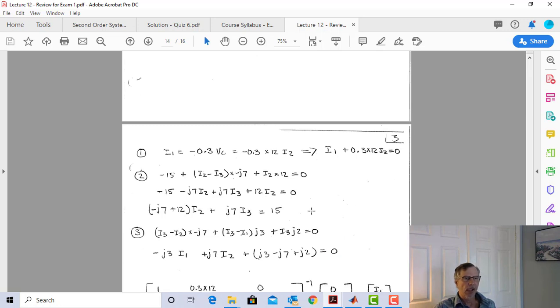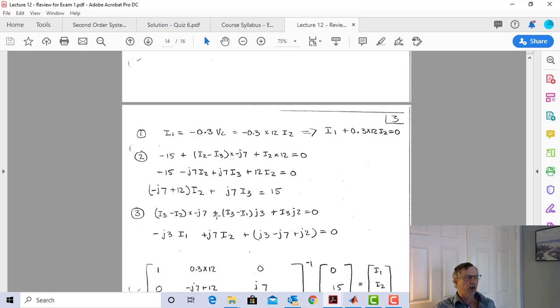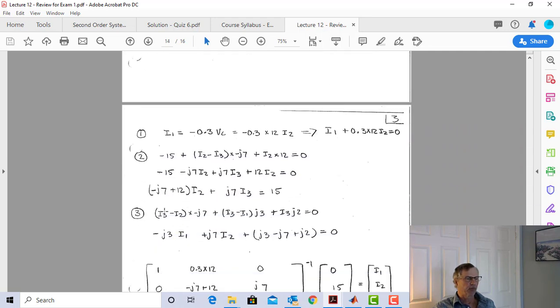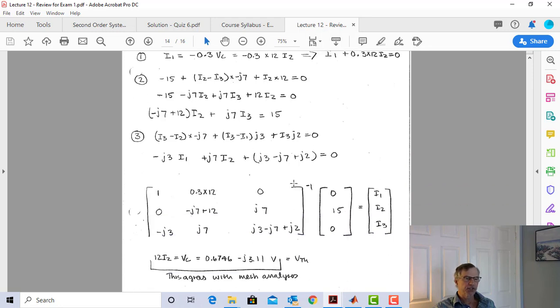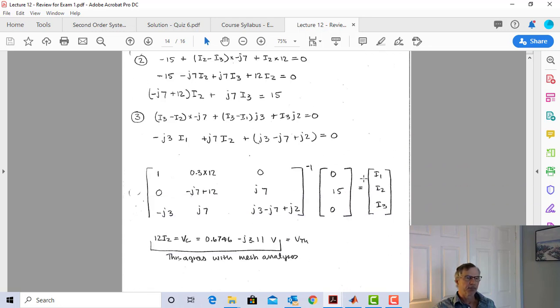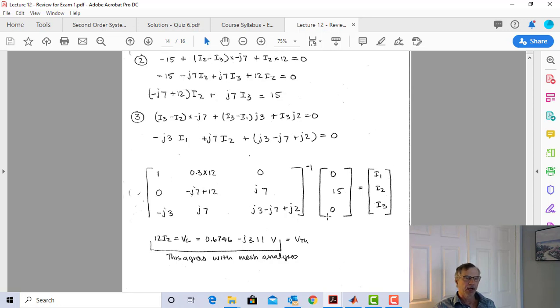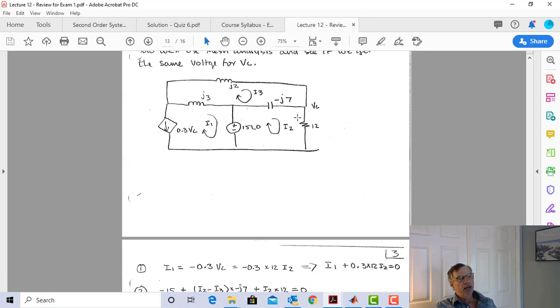And then I'll write my third equation, which is going to be around this loop. And it's pretty straightforward. Here's what we get. I take my 3 equations, I throw them into my matrix, and I get my I1, I2, and I3. How do I get VC? It's just I2 times 12 ohms, right? That's going to give me my VC.